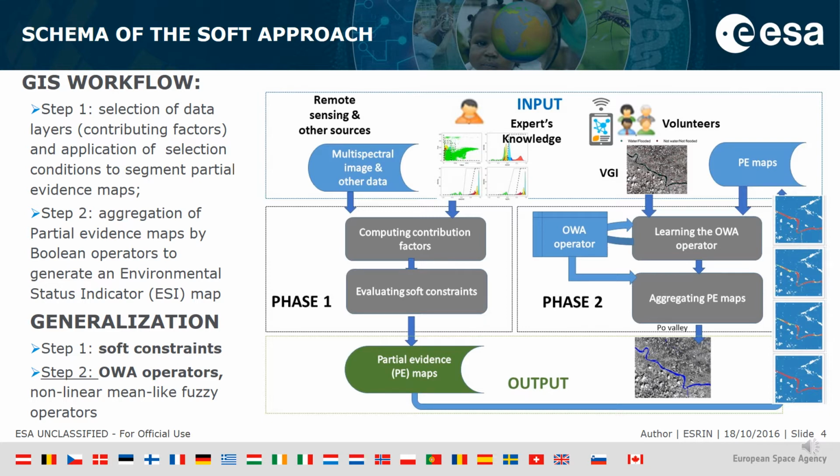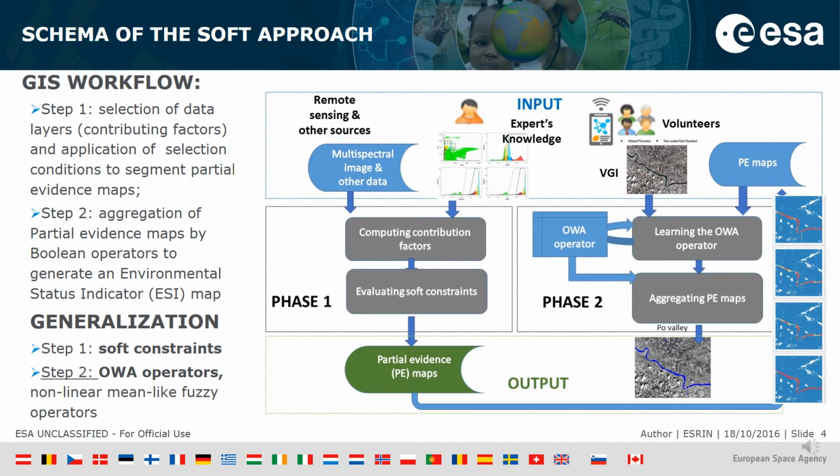In the first step, they select data layers, which can be multispectral images or thematic layers that are named contributing factors, and apply selection conditions to segment partial evidence maps, which are binary maps of evidence of the phenomenon. In the second step, they aggregate these partial evidence maps by applying Boolean operators, the AND for the intersection and the OR for the union, in order to generate a synthetic environmental status indicator map.